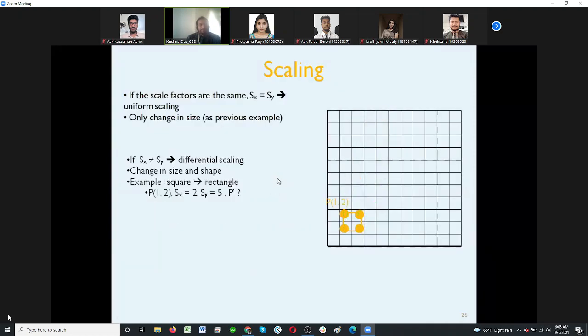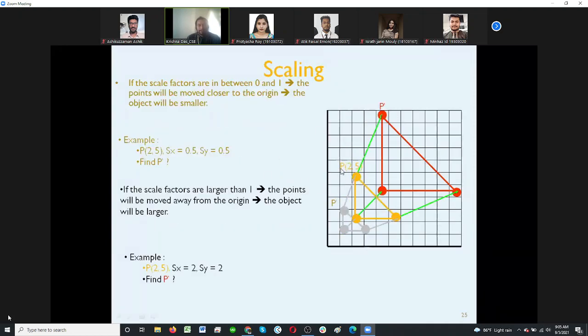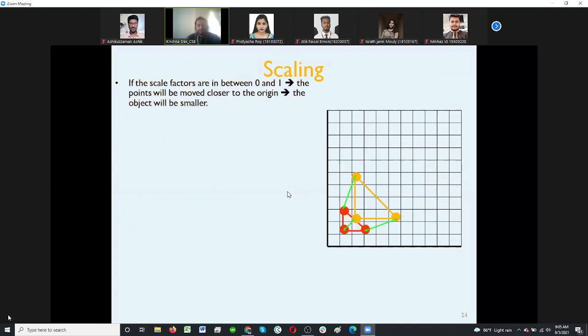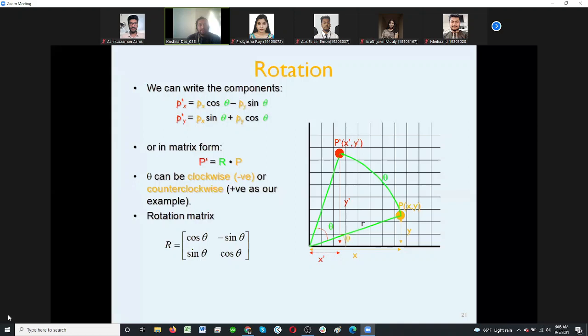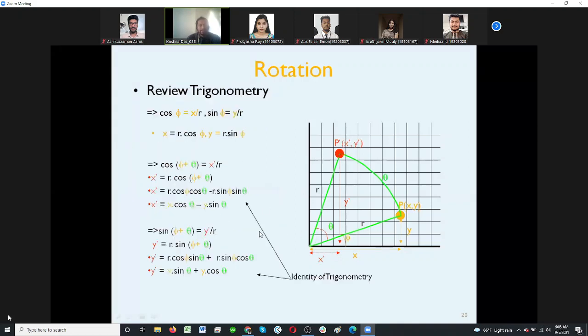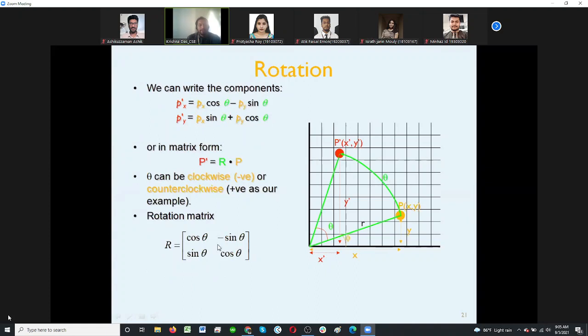Okay, now for the scaling we have seen, we tried to understand some of its features. We also checked rotation, how we can get the rotation factor, and with the multiplication, or the dot product, with the existing point, we get the new point's value.